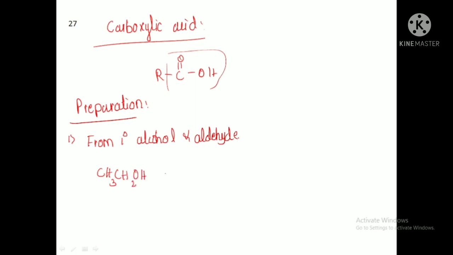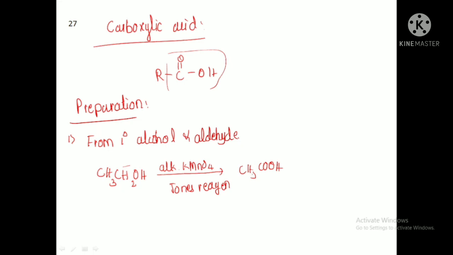This is a primary alcohol. If you treat this primary alcohol with alkaline KMnO4 and Jones' reagent, it will give CH3COOH, that is carboxylic acid. Complete oxidation of alcohol. Partial oxidation will give aldehyde.